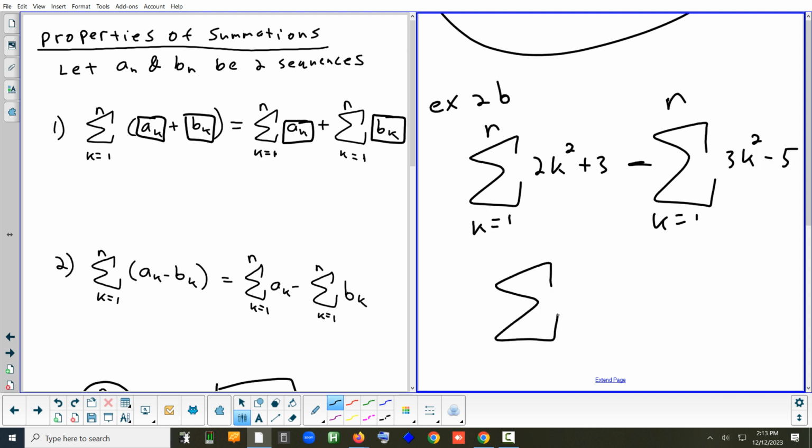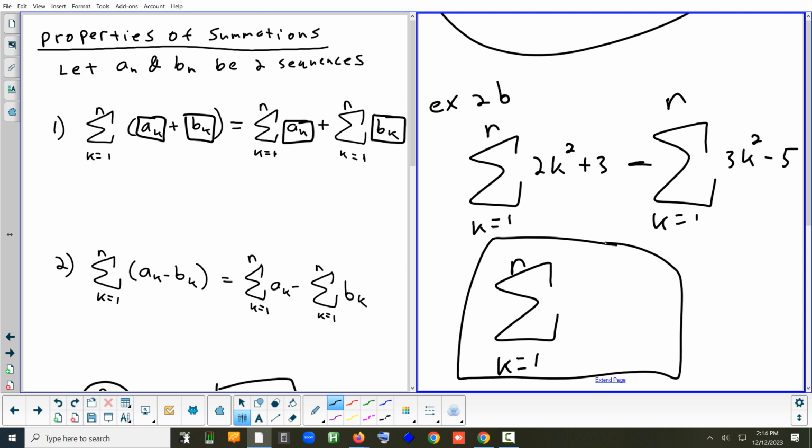Okay. Where does my sigma start? Yep, it always stays the same place it started originally. It starts at 1, and where does it stop? N. And now we just need to put the formula that combines the two together. So we have a 2k squared minus 3k squared, which is negative 1, so negative k squared.